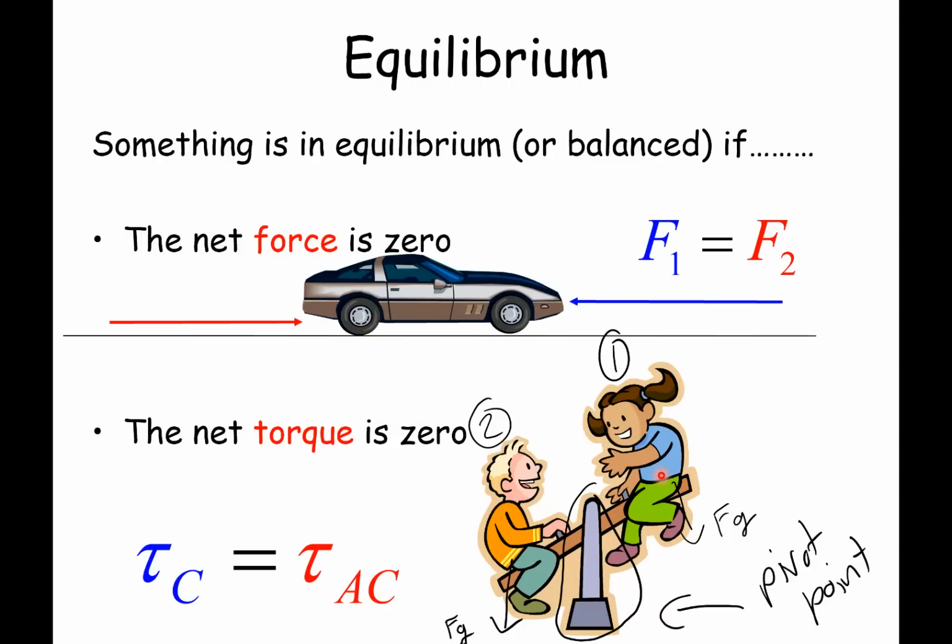And then let's look at child 1. If this little seesaw could spin, which direction is she going? Hopefully you said clockwise. So child 2 would be torque of anti-clockwise. Child 1 is clockwise. Knowing the pivot point and knowing if it's going anti-clockwise or clockwise is extremely important. That's why I'm harping on that.